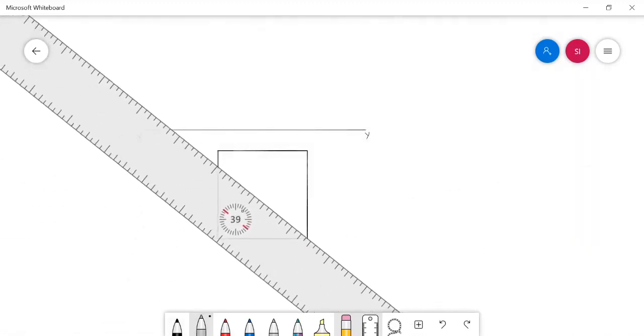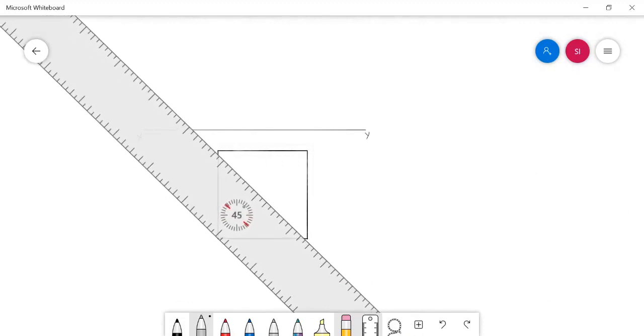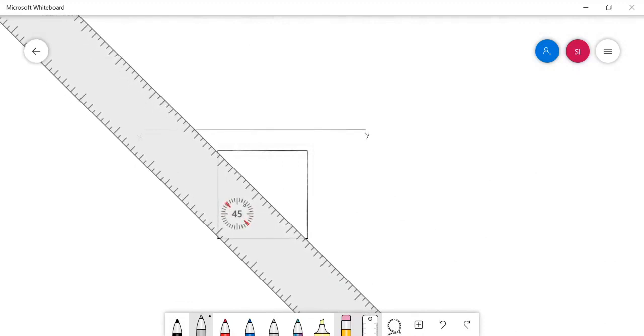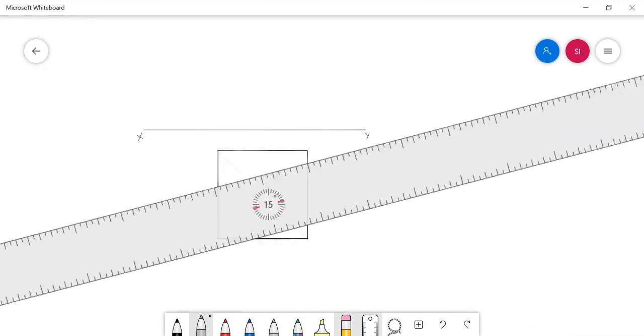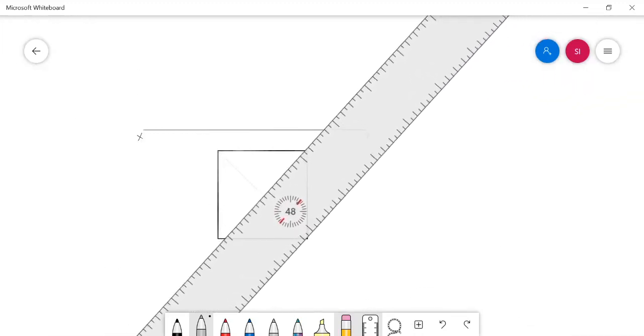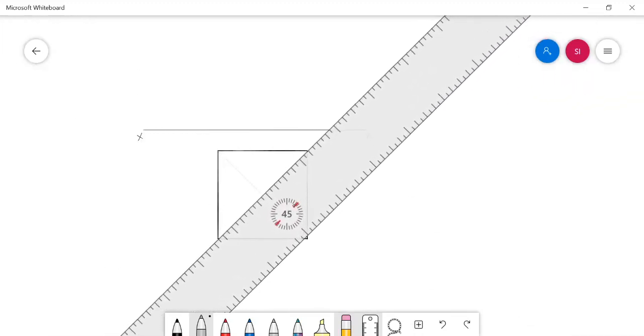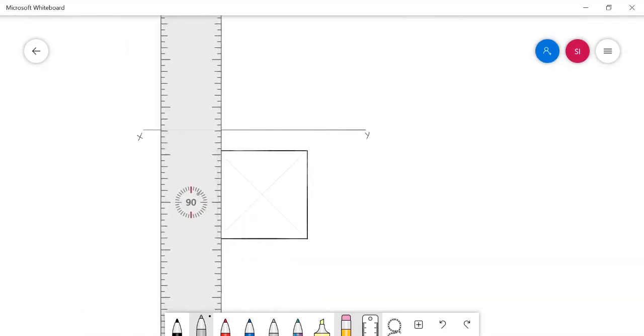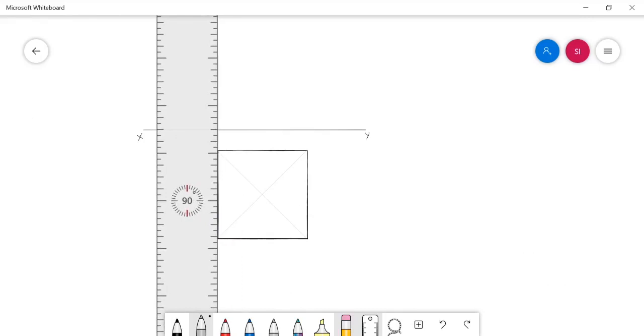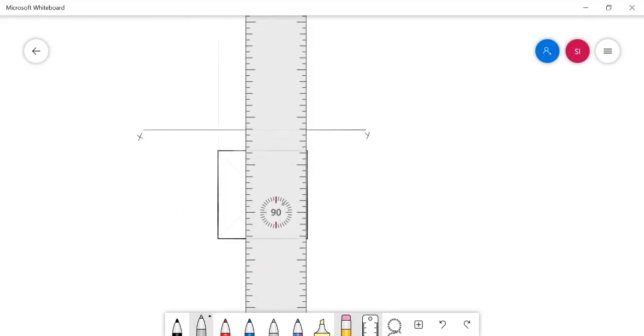And then I need to mark the center, and then the projectors for all corners.